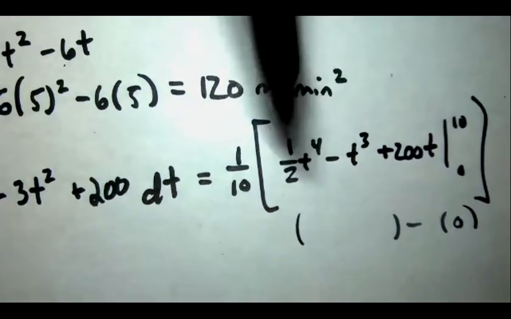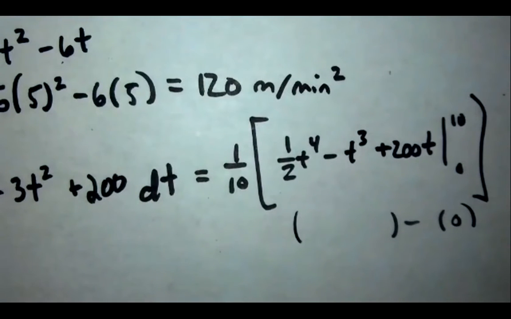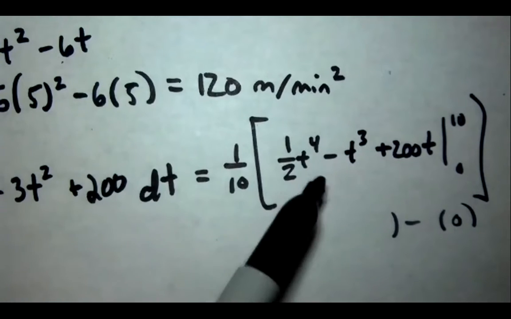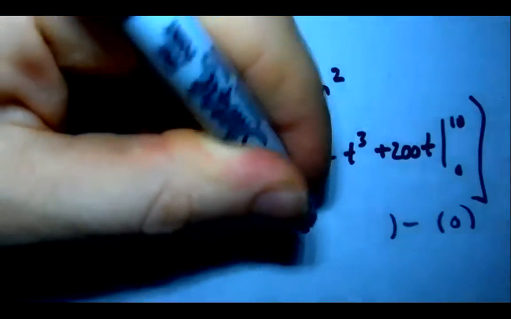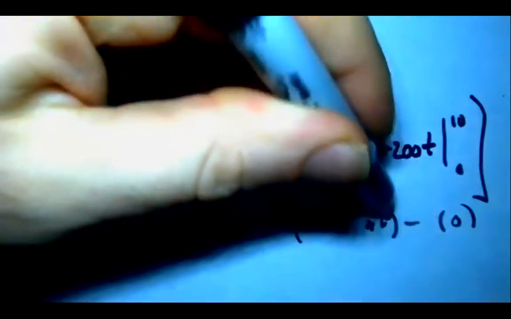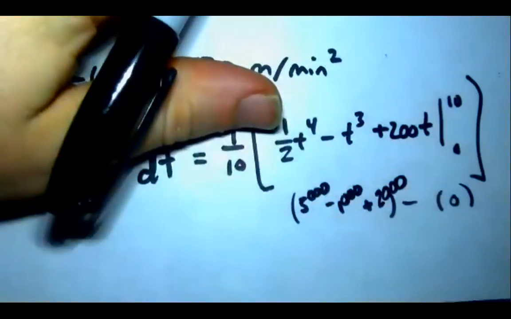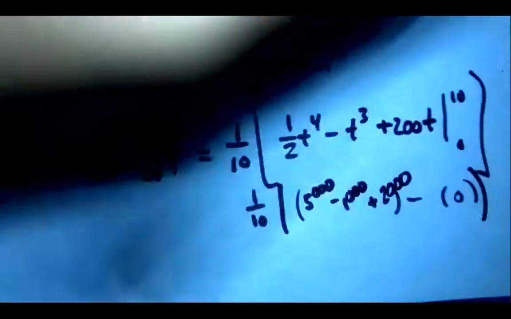We put the top in, 10 to the 4th. 10 squared is 100. To the 3rd is 1,000. To the 4th is 10,000. 10,000 times a half, 5,000 minus 1,000 plus 2,000. Bring our 1/10 down. You could technically stop there, but we've come this close.